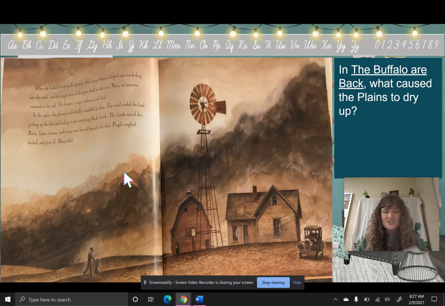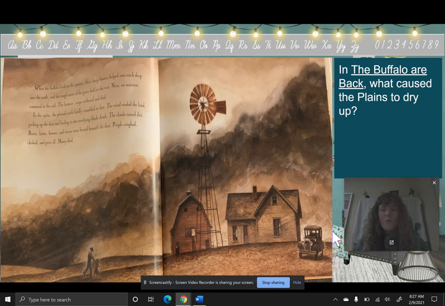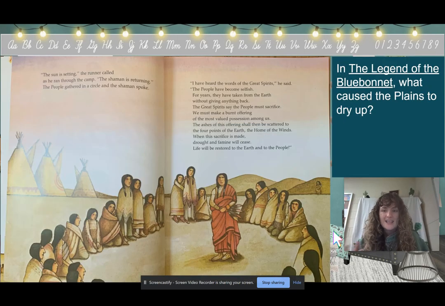Let's look at the legend of the blue bonnet to figure out why the plains were dry in this story. "The sun is setting," the runner called as he ran through the camp. "The shaman is returning." The people gathered in a circle and the shaman spoke. "I have heard the words of the great spirits," he said. "The people have become selfish. For years they have taken from the earth without giving anything back.